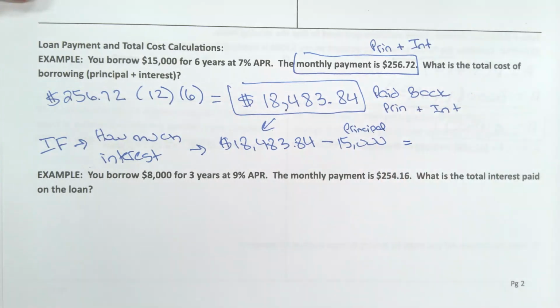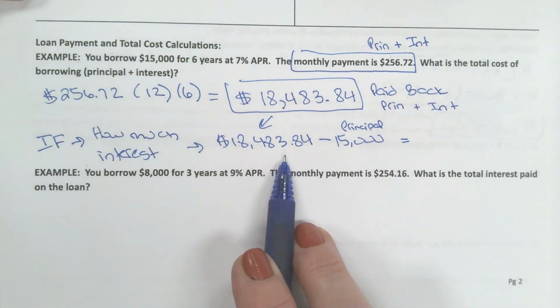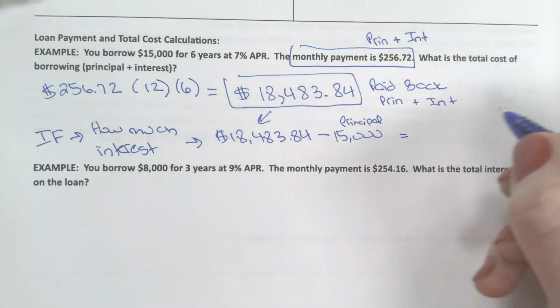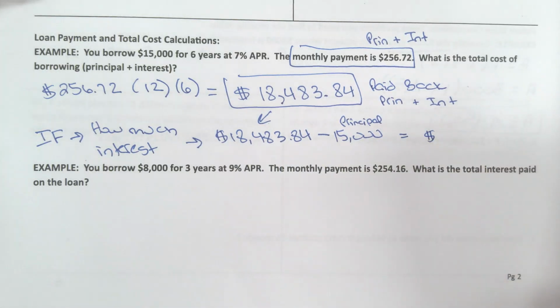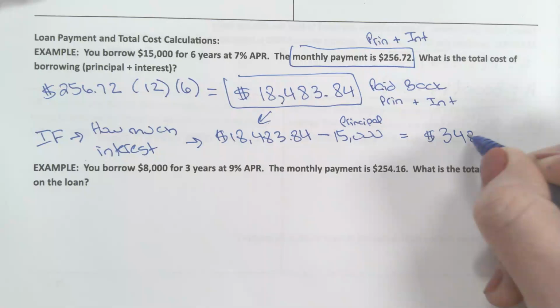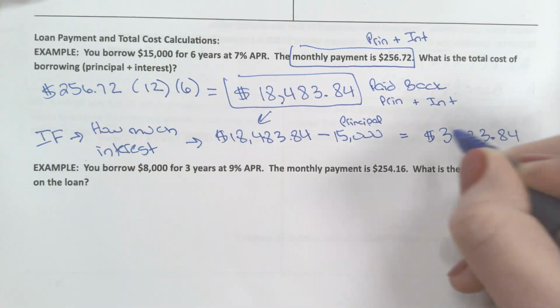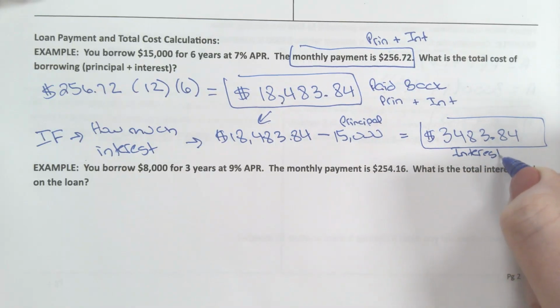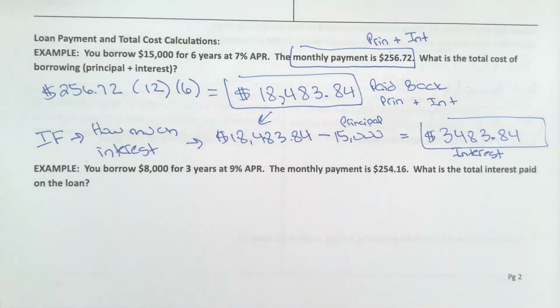That's your principal amount, because this $18,000 has principal and interest built into it. So then when you subtract that amount, 8 minus 5 is 3, 3483.84. Means that you paid the bank $3,483.84 in interest alone.